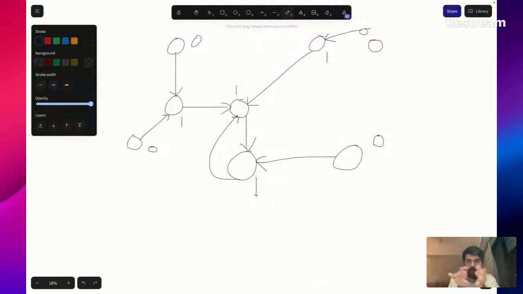Yes. One thing you can see is that if I am in a cycle, it will always remain 1.